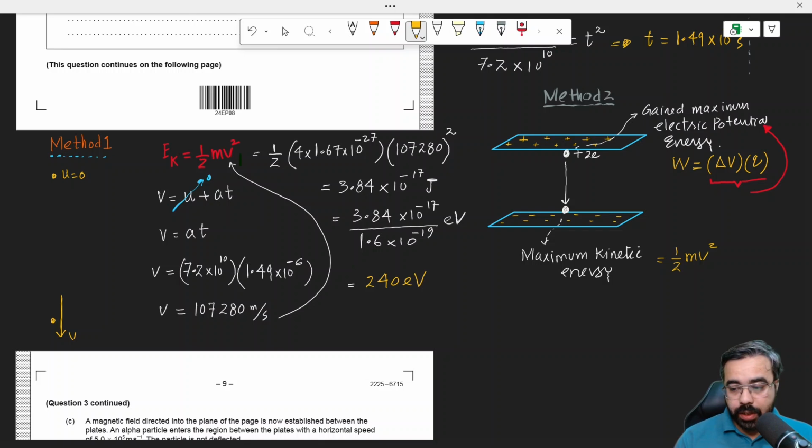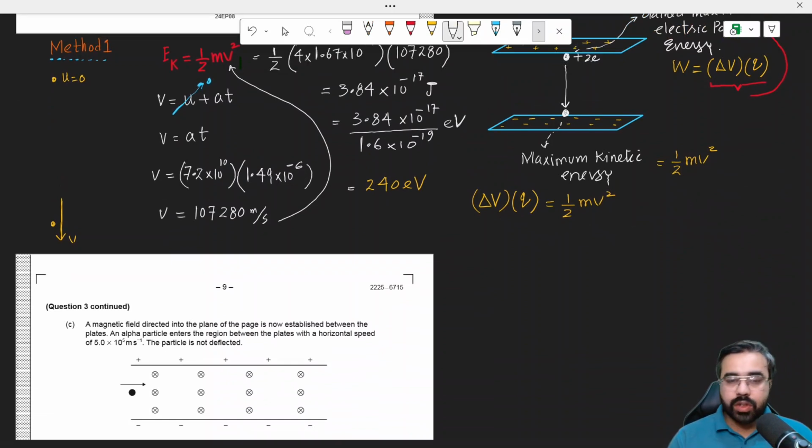To find the velocity, we can equate these two expressions. Delta V times charge, which is electric potential energy, is equal to 1 over 2 mv squared. You can say the loss in electric potential energy is equal to the gain in kinetic energy. This is the transformation of energy from one form to another. So this is the kinetic energy that we want to calculate.